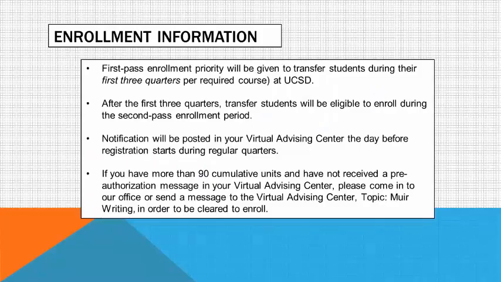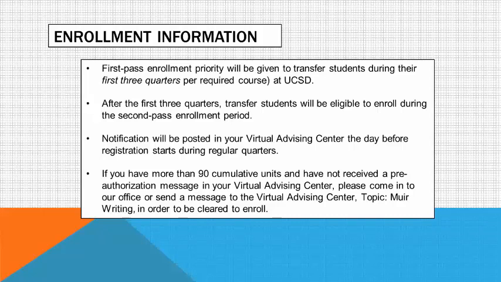So here's the enrollment information. First pass enrollment priority will be given to transfer students during their first 3 quarters per required course at UCSD. After the first 3 quarters, transfer students will be eligible to enroll during the second pass enrollment period.